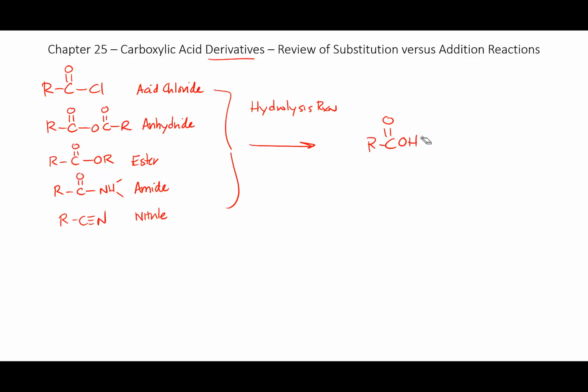Now, we'll talk about the mechanisms for these. You can do hydrolysis under acidic conditions with H plus, H2O. You can do them under basic conditions using hydroxide, H2O. Either set of conditions, base hydrolysis or acidic hydrolysis.